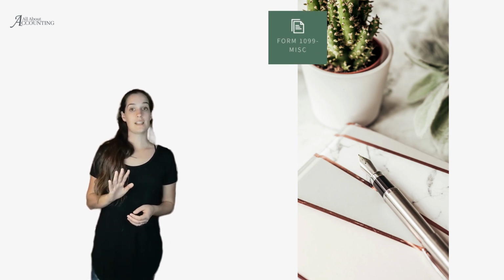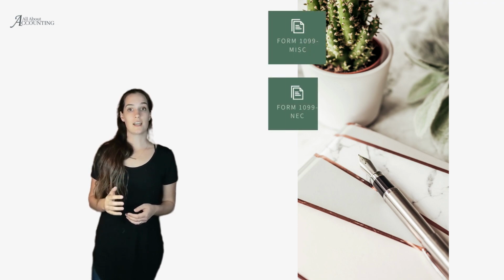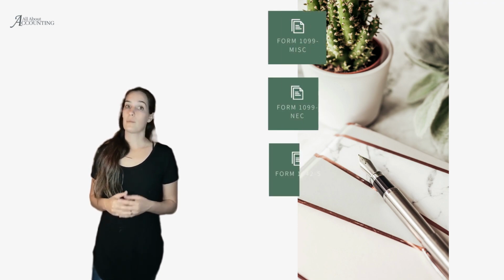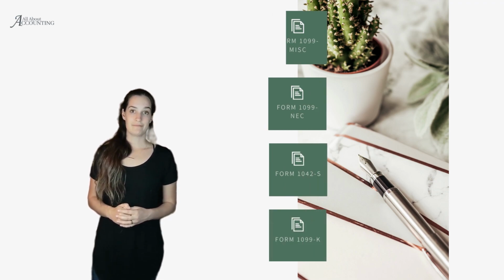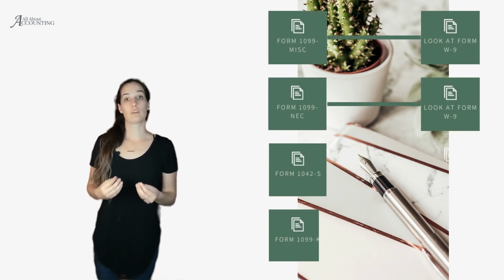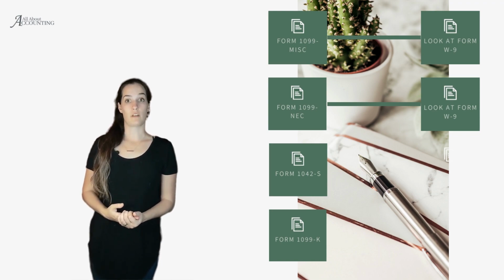So now that you have collected the necessary information from your vendors up front, let's figure out what to do with that information. We're going to have a look at these 4 forms: the 1099-MISC, the 1099-NEC, Form 1042-S, and Form 1099-K. Here's how each form relates to the previous forms that we've talked about.